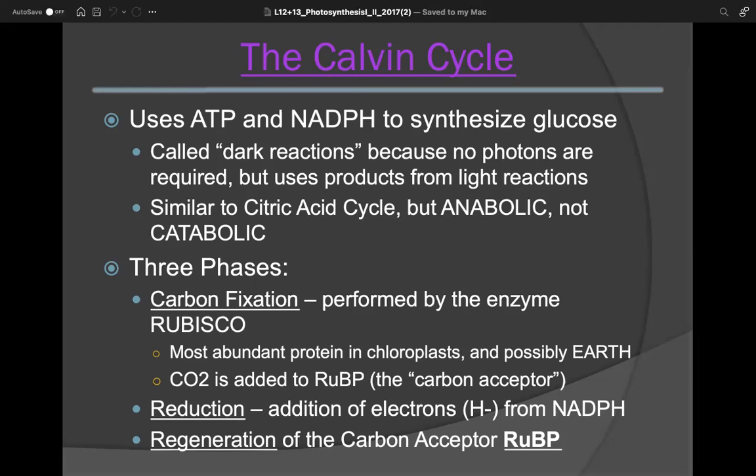The Calvin cycle happens in 3 phases. So first we have our carbon fixation, and this is performed by the rubisco. This is the most abundant protein in chloroplasts and possibly on Earth, because if you think about how many plants there are on Earth, all types of plants, including algae, some of them are unicellular, some of them have a gazillion cells, and inside those cells are multiple chloroplasts, okay?